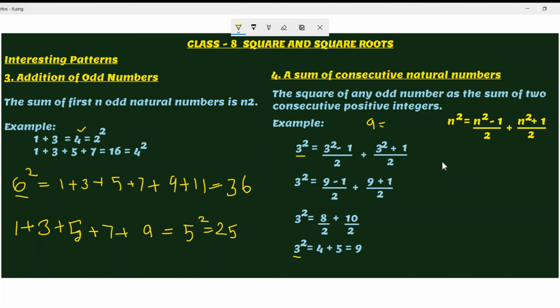If you want to find 5 square also, you can write like this. To find the two consecutive positive integers, you need to use this formula. For example, we have taken 5 here.